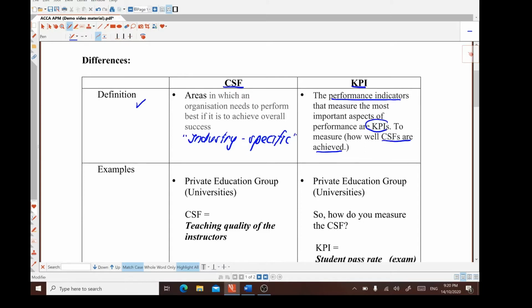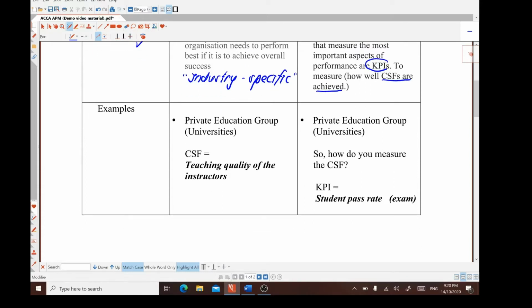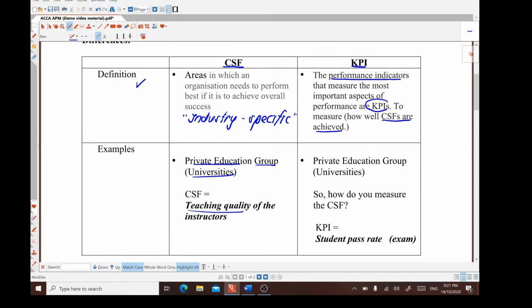Now let's have a look at the example, and I'll quote you some others shortly. Take the private education group, the universities that we mentioned just now. The teaching quality of the instructors is seen as the CSF. And of course, not to forget its KPI.